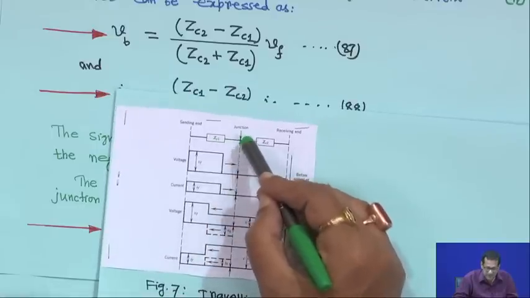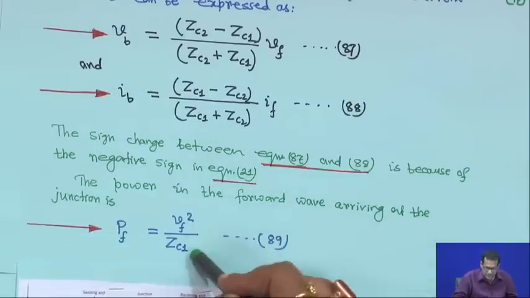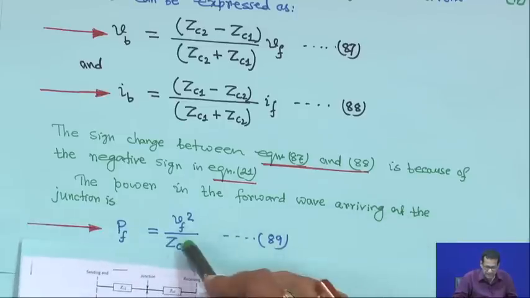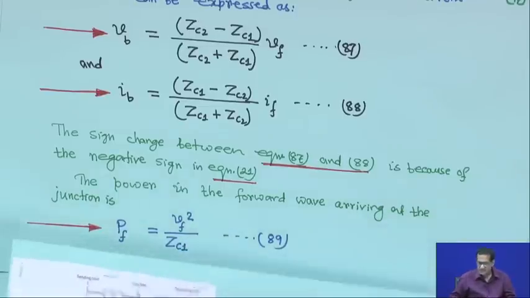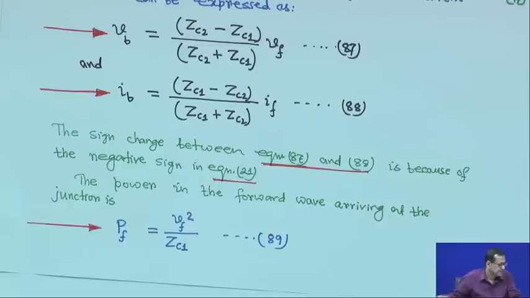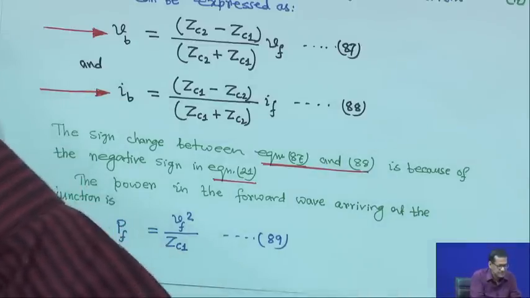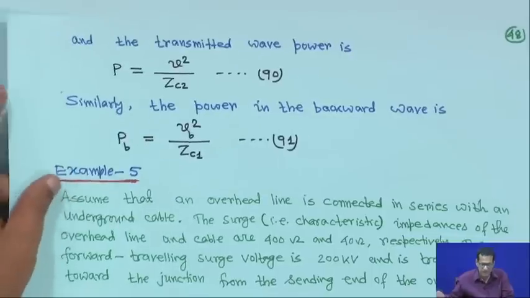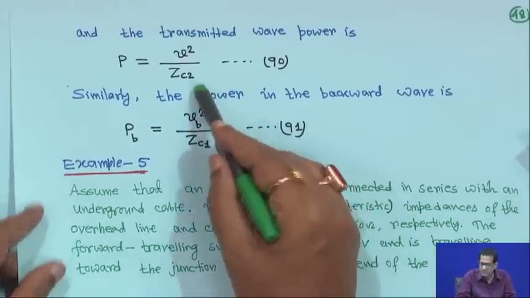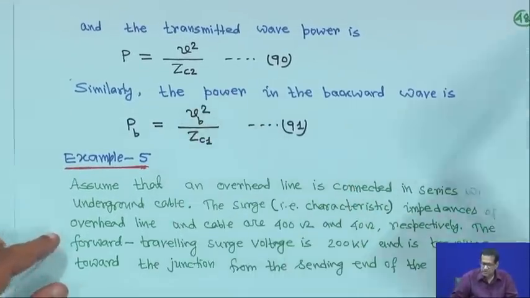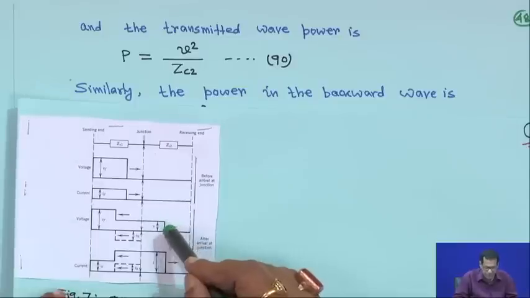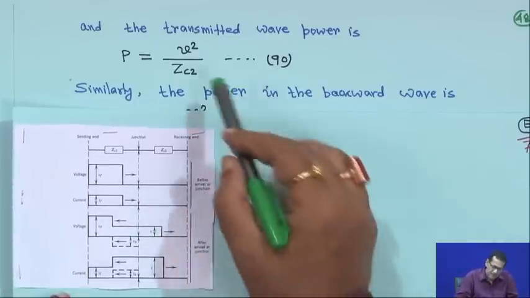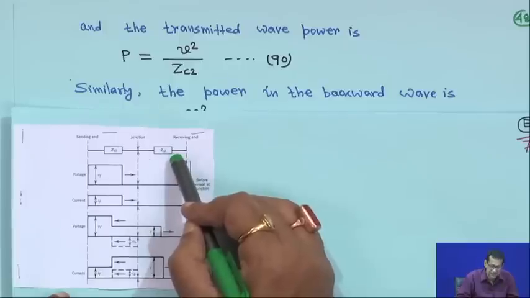Similarly, the transmitted power is V square upon Zc2, because the transmitted voltage expression is known and Zc2 is the characteristic impedance.